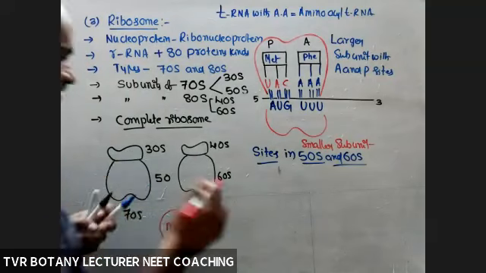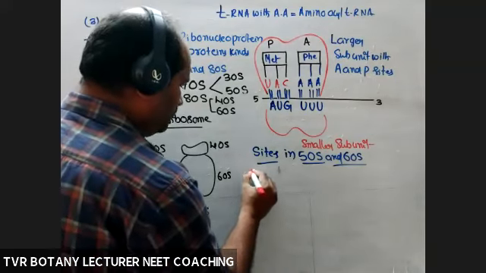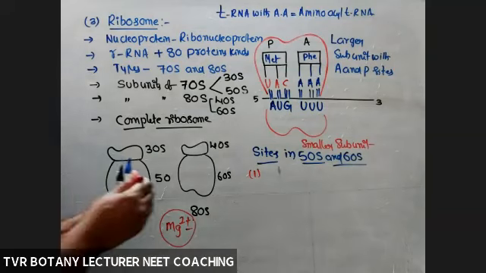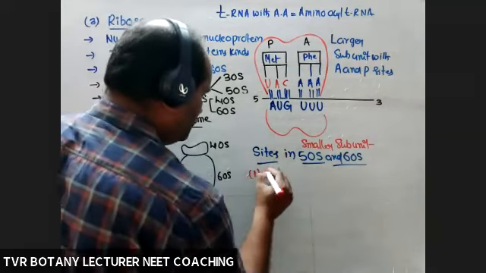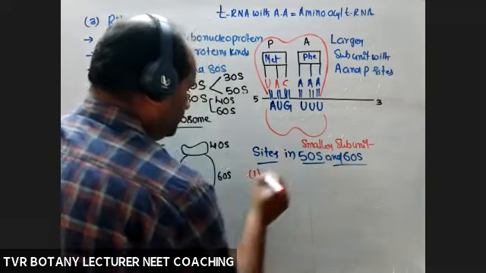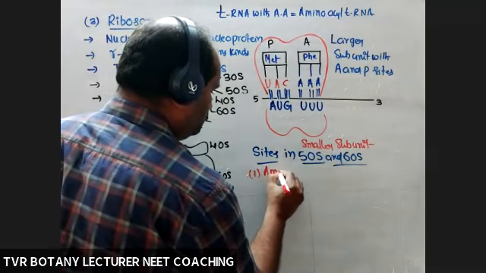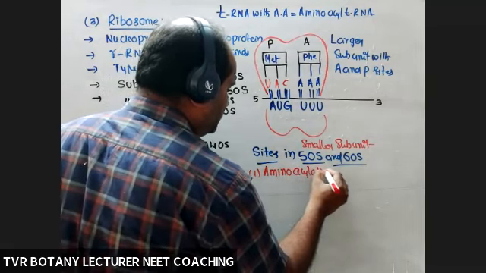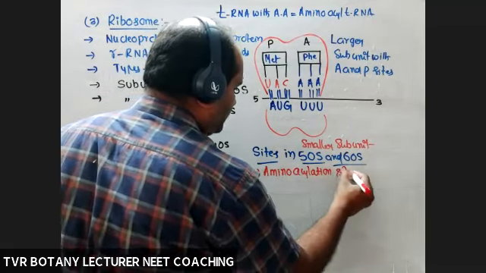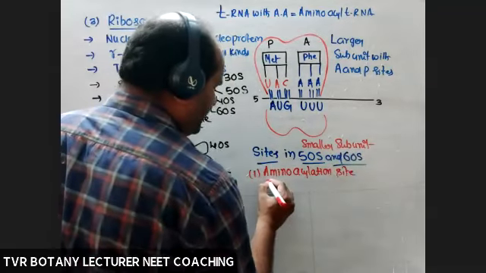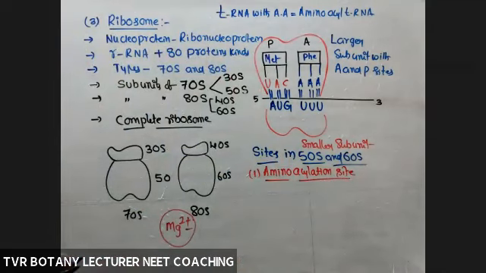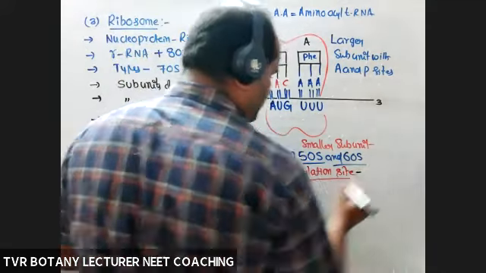So definitely the first one is the amino acylation site, meaning amino acyl tRNA binding site simply. What is the purpose of this one?